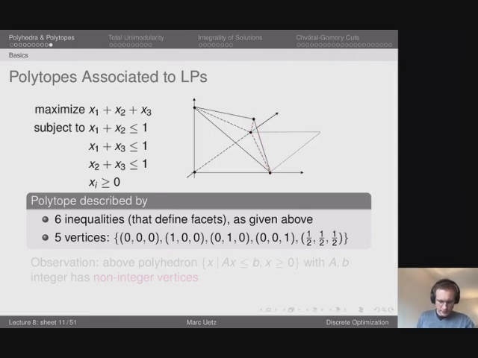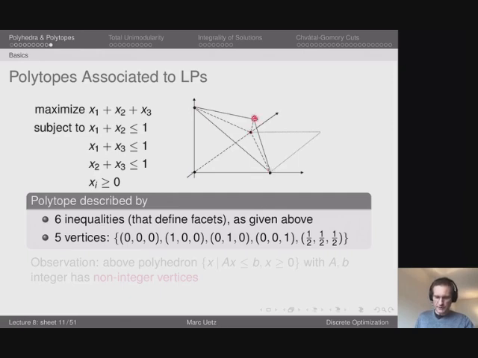And this same polytope is described by its 5 vertices, which are 1, 2, 3, 4, 5, 4 of which actually define feasible matchings in the graph, right? So that would be selecting none of the edges, selecting one of the edges, another edge, and a third edge.